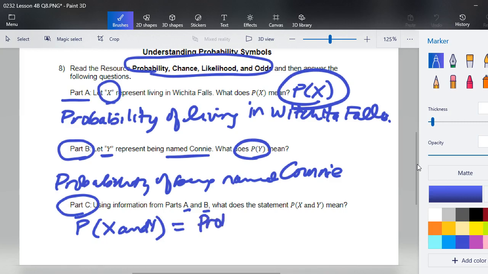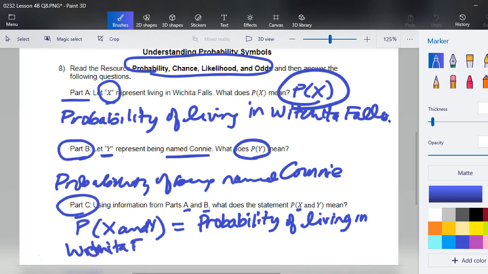Well, it's going to mean what is the probability of X, living in Wichita Falls, and Y, being named Connie.